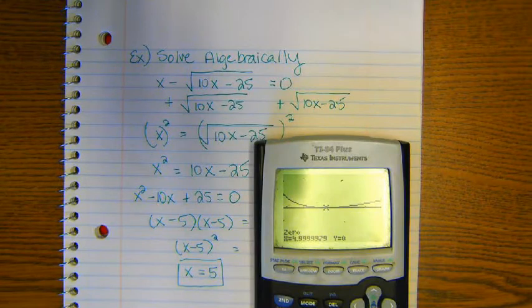Now this is an instance where our calculator is rounding it because it's not always exact, but if you see 4.999999979, you can assume it's exactly 5. Does that make sense? Okay.